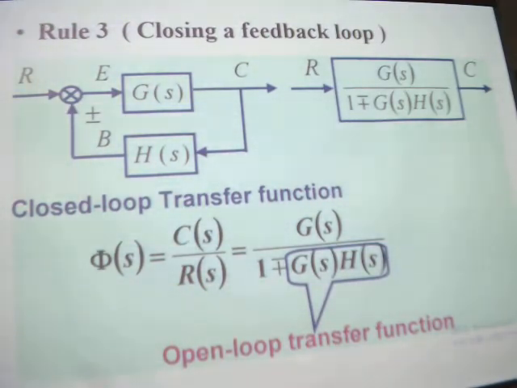B equals C times H(s). So here we showed this B. Then this summing junction is equal to R plus or minus C times H(s). So this E equals R plus or minus C times H(s).